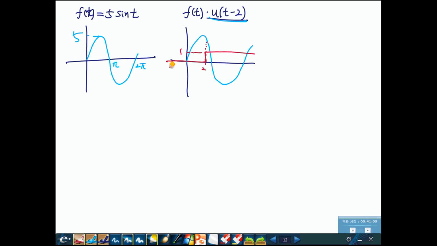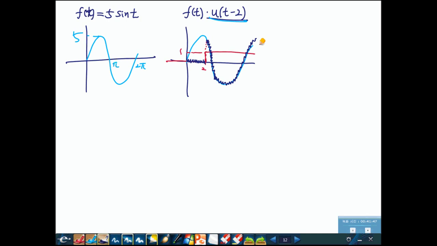Up to here it's all 0, and 0 times something is 0, correct? Something times 1 is something. So the curve is 0 all the way to 2, then it suddenly jumps because the step becomes 1. Beyond 2, it's all the original function.